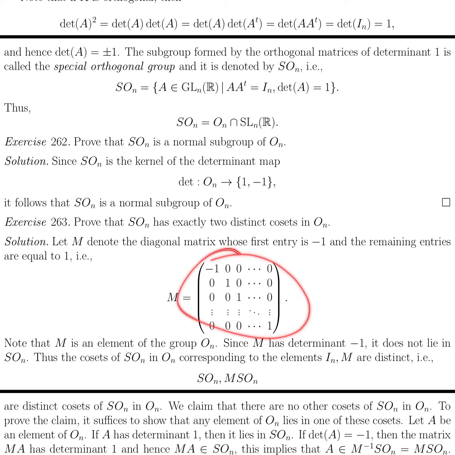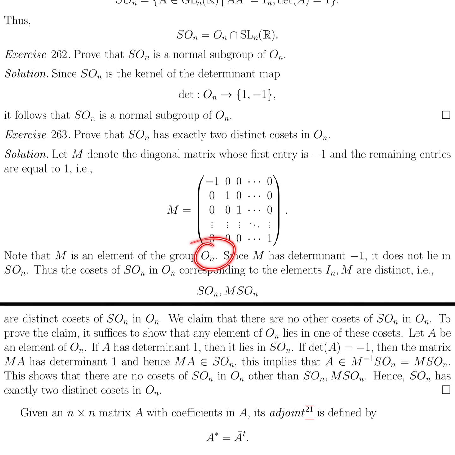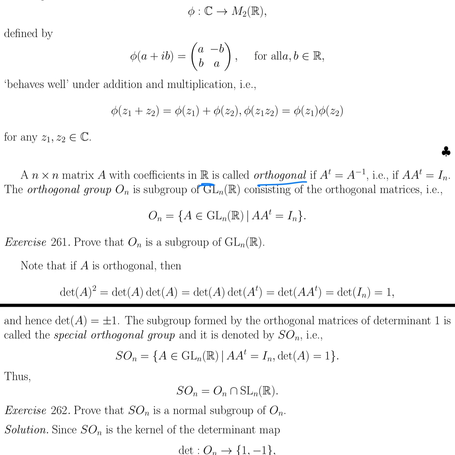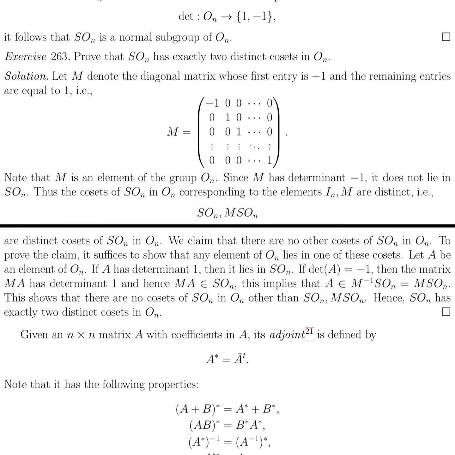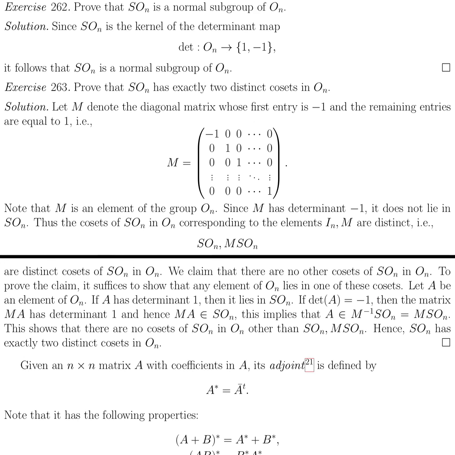Look at this diagonal matrix M where the first entry is -1 and the remaining entries are equal to 1. Of course, this is an element of On; you can verify that M transpose M is the identity matrix. On the other hand, it has determinant -1, so it is not an element of SOn.